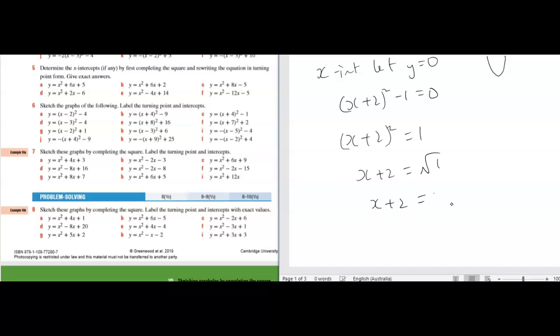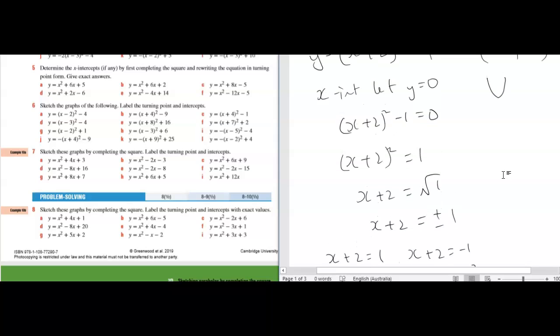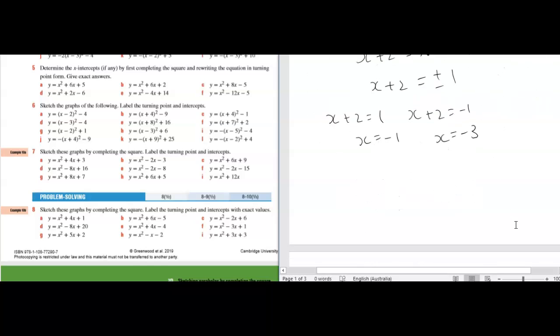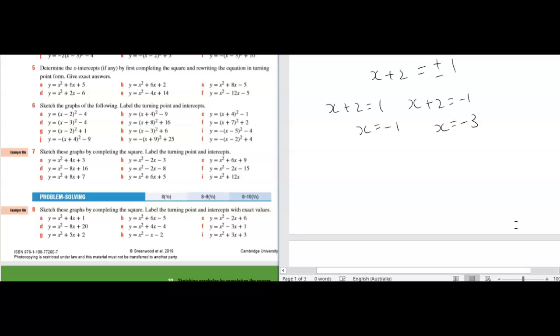The square root of 1 is positive or negative 1, and then you can separate it. So we've got x plus 2 equals positive 1, and x plus 2 equals -1. So x equals 1 minus 2, which is -1, and -3. And remember, your turning point is halfway between your x-intercepts, so it should be x equals -2, which it is. Good, I always like to check things like that.